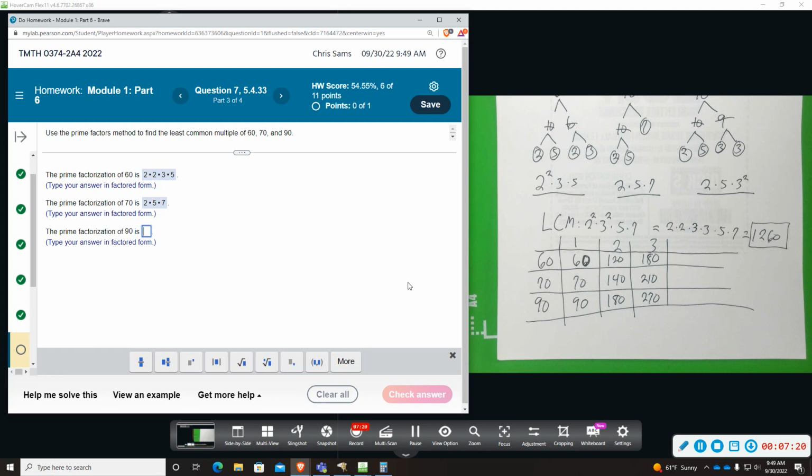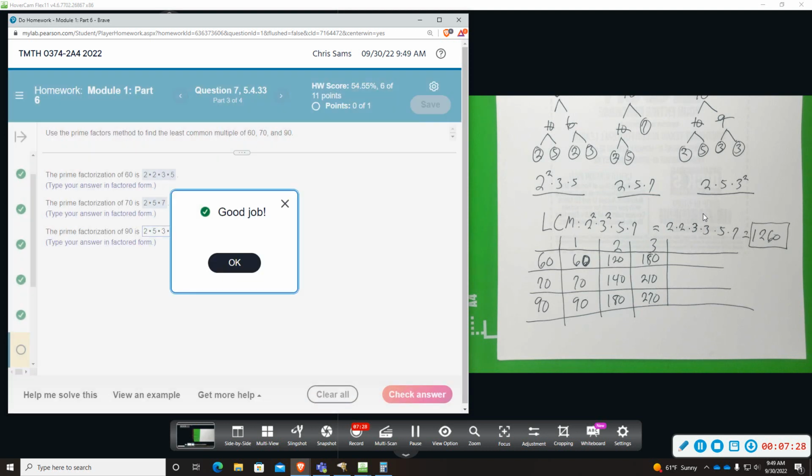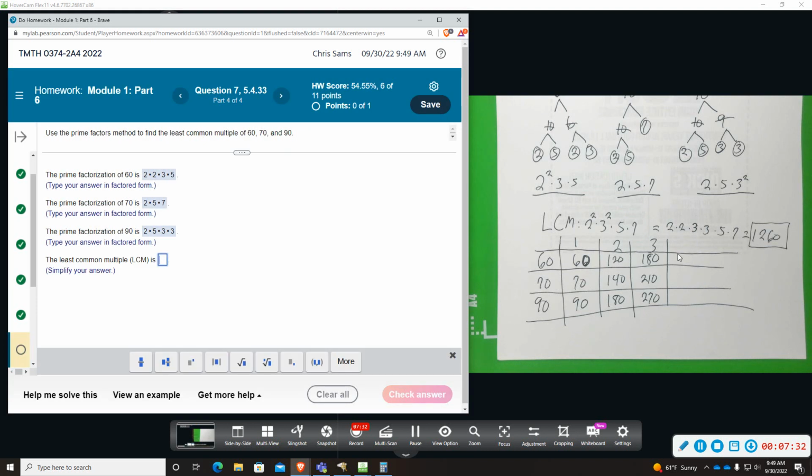And then 90 was 2, 5, and 3, and 3. All right, and then lastly, we want to do our least common multiple, which is 1260.